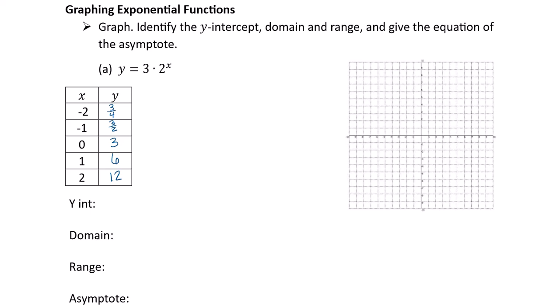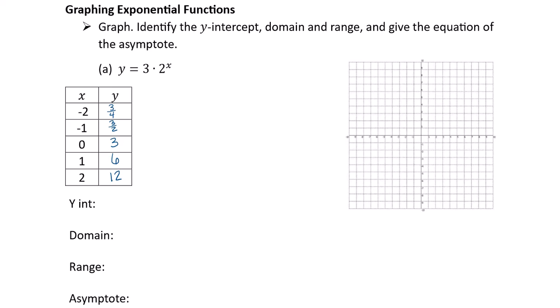We can see here that we are doubling every time. Our growth factor, or our growth multiplier per unit of x, is 2. All right, let's go ahead and graph these points.